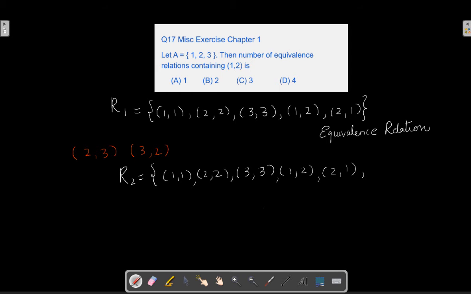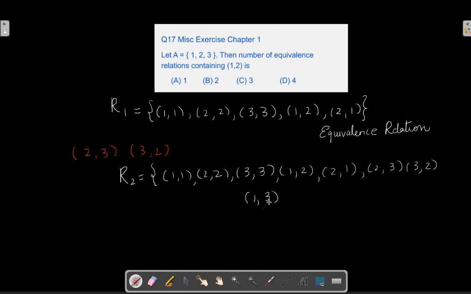Now if we add 2, 3 and 3, 2, then to make sure that this remains an equivalence relation, that is, the transitive part of this condition is satisfied, do I need to consider something else? Think about that. 1 is related to 2, 2 is related to 3, and therefore I must have 1, 3 in this relation.